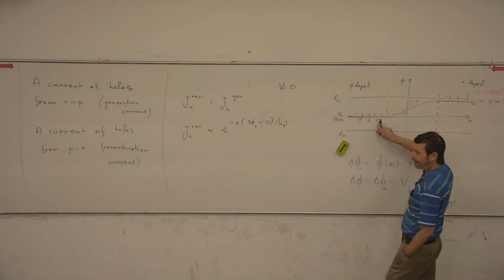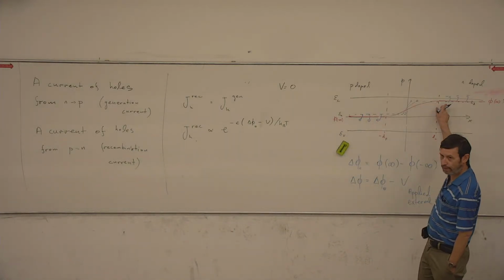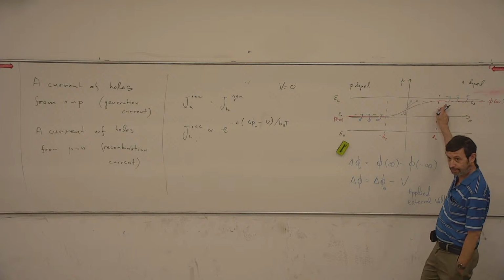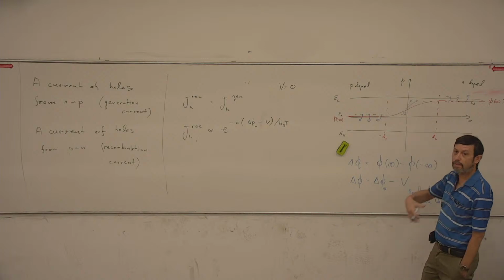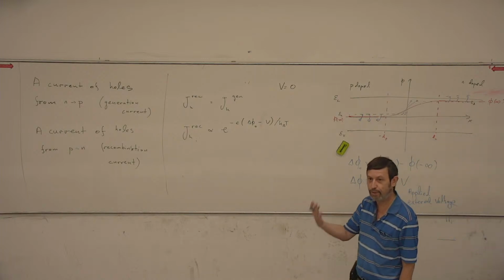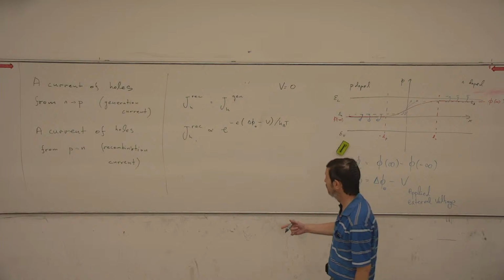Okay, so this guy has to move from here to here. It costs energy. What is the probability at finite temperatures that it will occur?